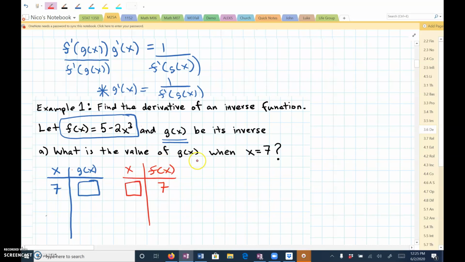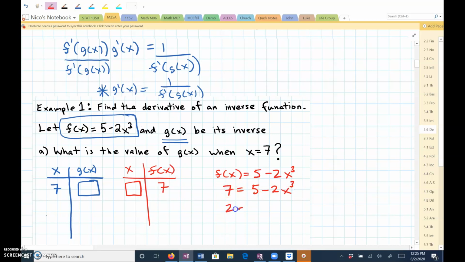So what is the value of g of x when x equals 7? We don't have the g of x function, but we have the f of x function. And we can figure out x when f of x is equal to 7.